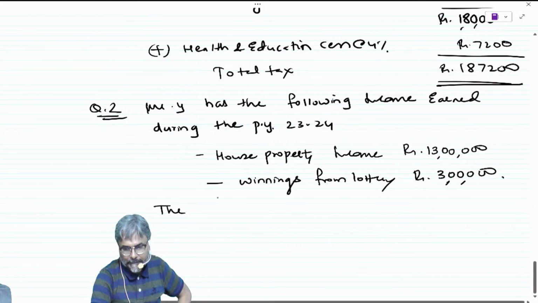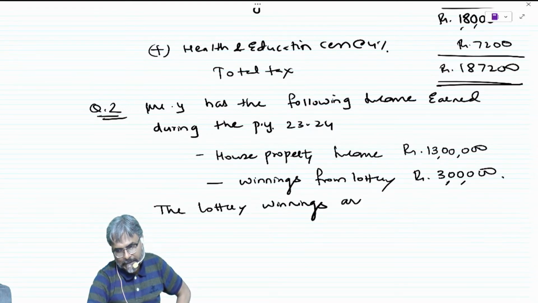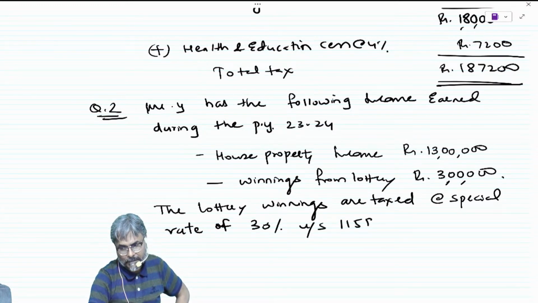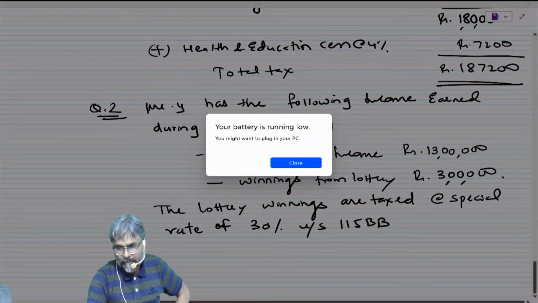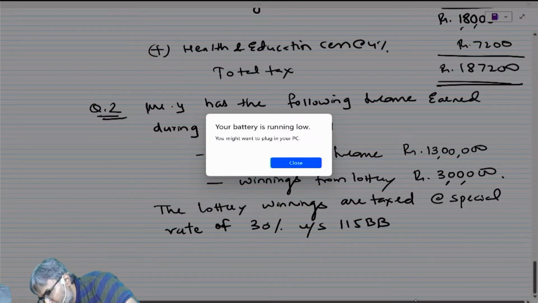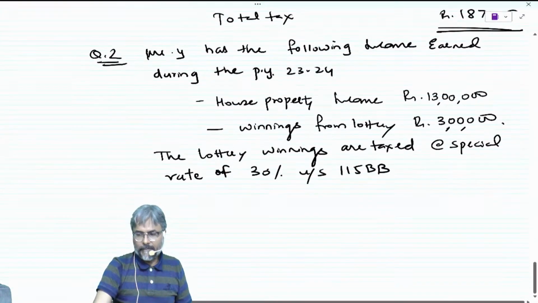Next line. The lottery winnings are taxed at special rate of 30% under section 115BB.